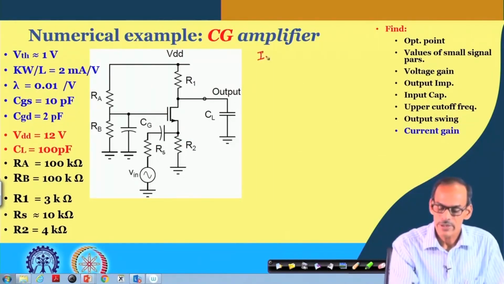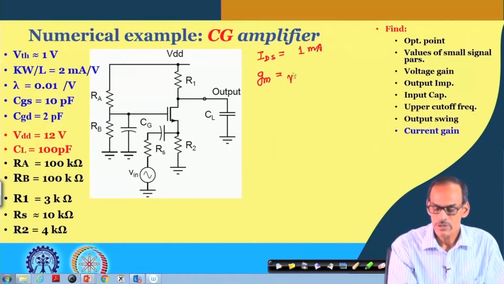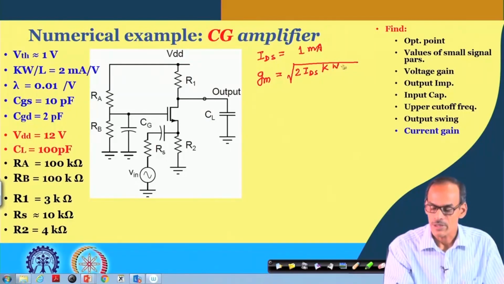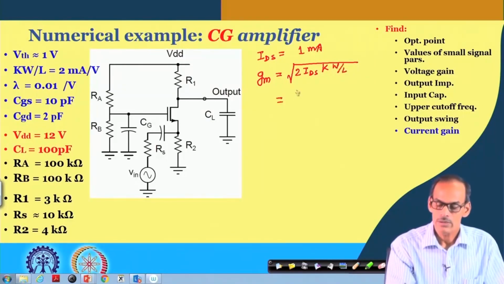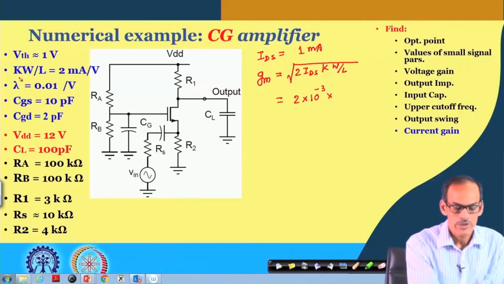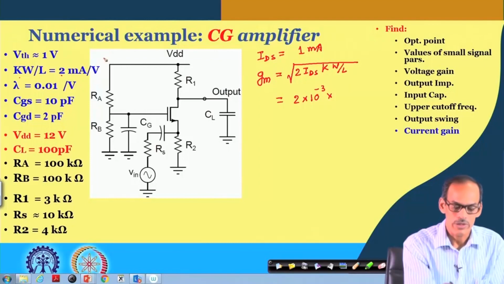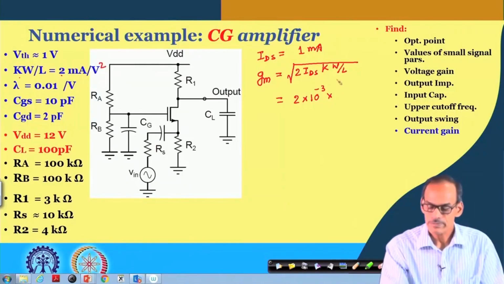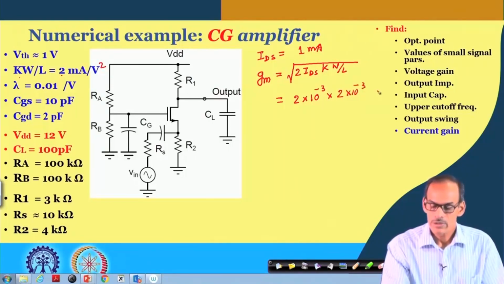So, IDS as I said is 1 milliampere, and hence Gm of the transistor, which has an expression of square root of 2 IDS into k W by L, is 2 into 10 to the power minus 3 ampere per volt square.